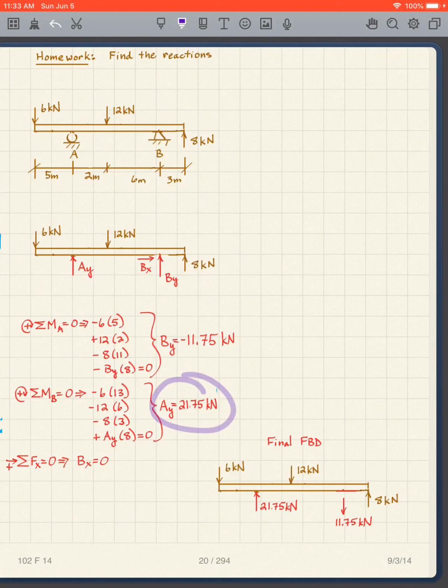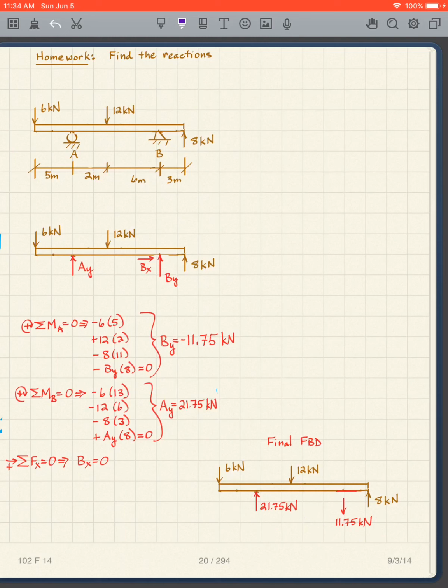And we solve for AY, 21.75. So again, BX equals 0, sum of forces in the x direction equals 0. I flip it around, put a positive 11.75, so that's going upward.